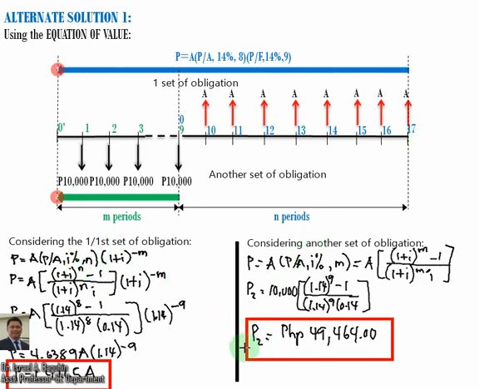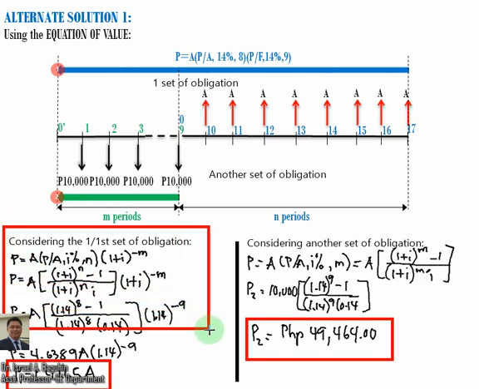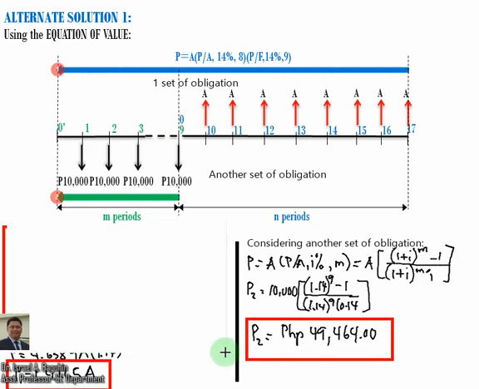Proceeding, since we already have this P1 and P2, we are going to equate them. So equating P1 equal to P2, we have P1, which is 1.4265 A, equal to this 49,464.